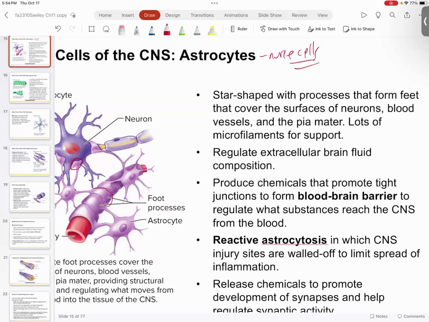They will cover the blood vessels and the inner layer of the meninges called the pia mater. They'll regulate the composition of the fluid of the brain. And this is what we often refer to when we're talking about the blood-brain barrier. Has anybody ever heard of the blood-brain barrier?